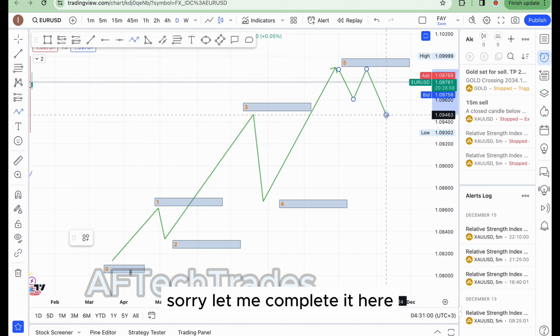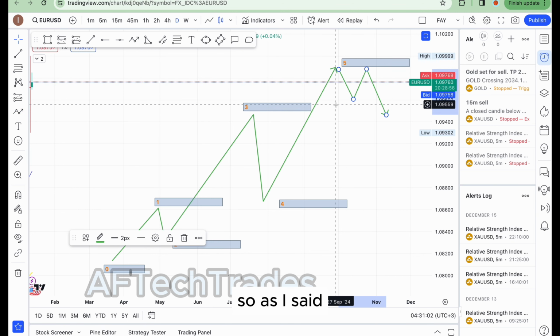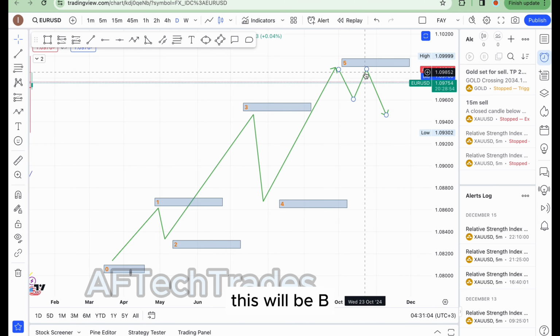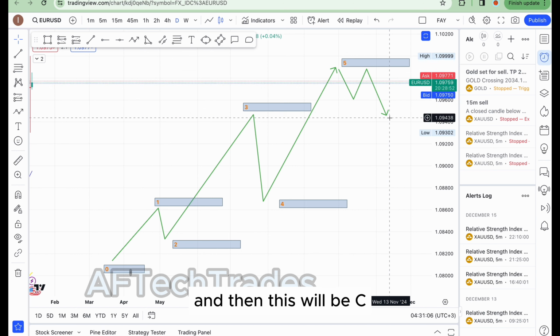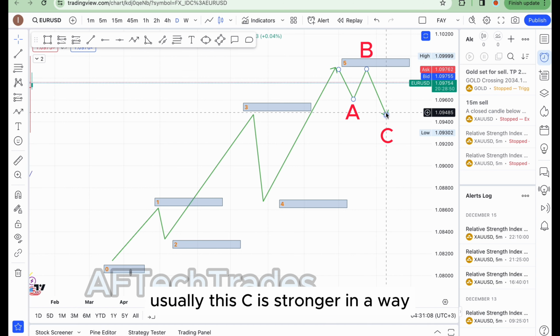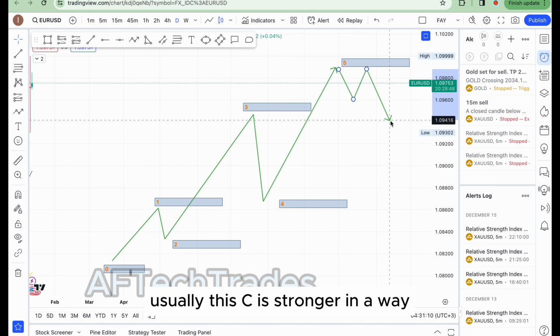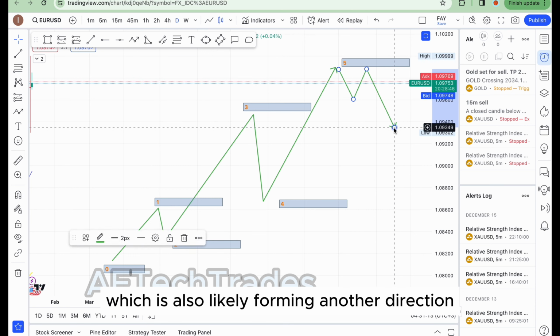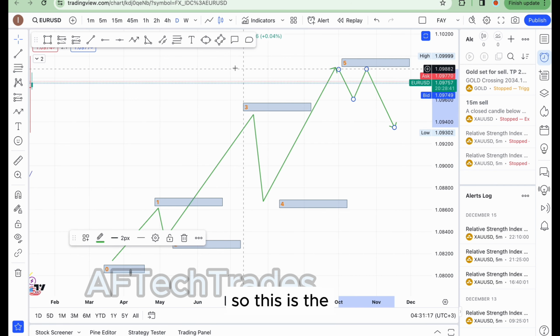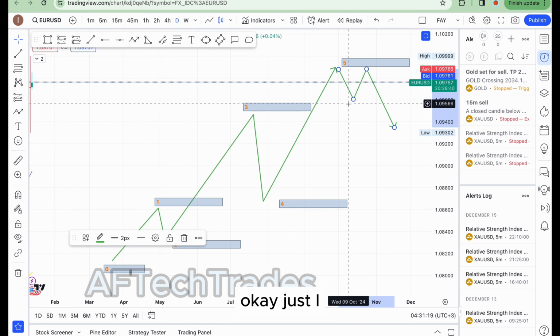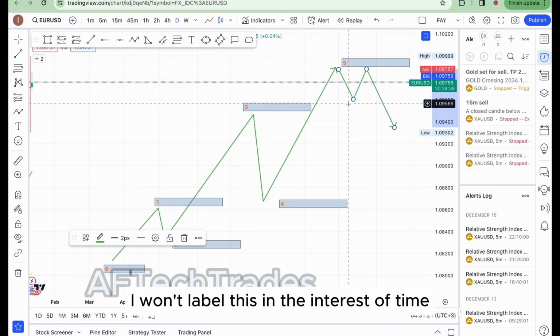Sorry, let me complete it here. So as I said, this will be A, this will be B, and then this will be C. Usually this C is stronger, which is also likely forming another direction. I won't label this in the interest of time.